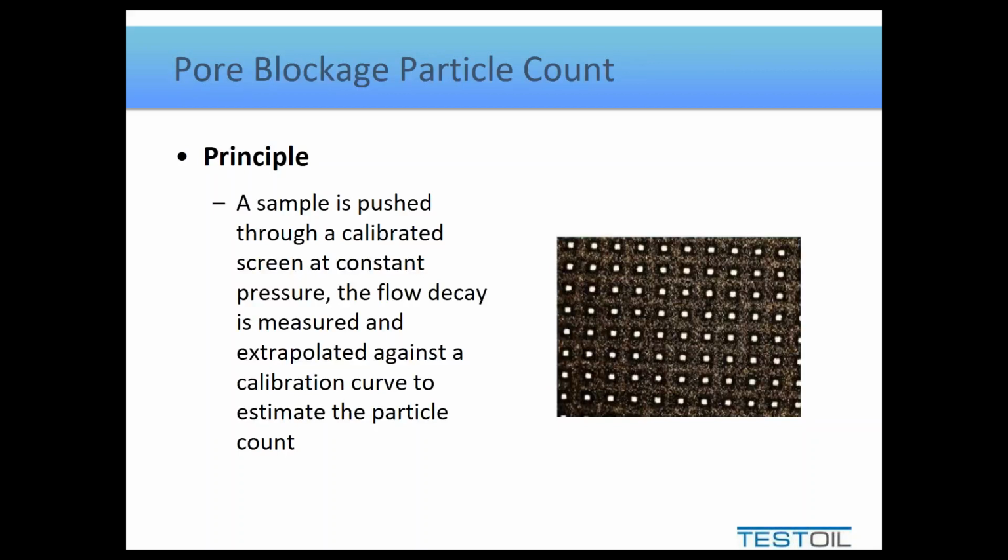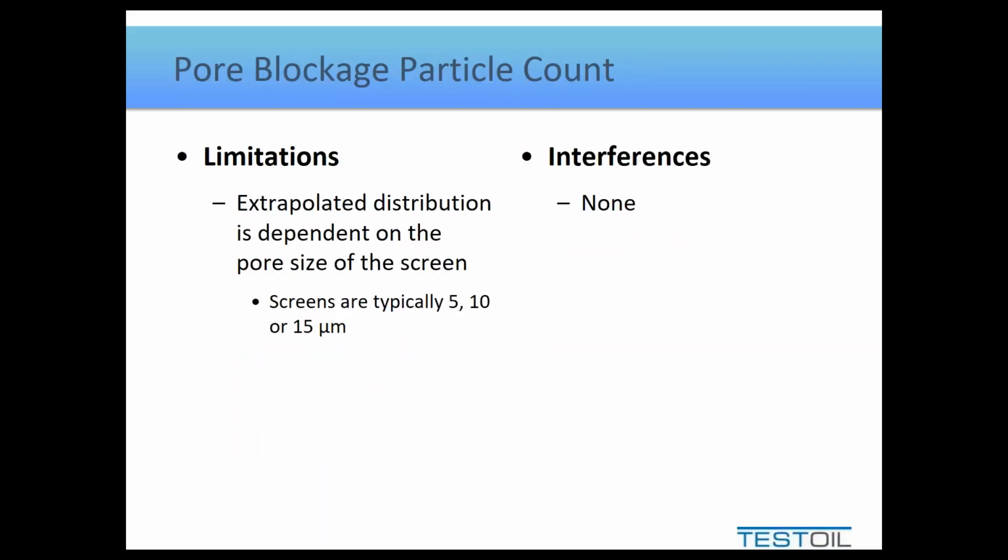But the nice thing about this test is, though it's again not necessarily measuring the longest, the shortest, or the average dimension, it's just whether it will plug up in the hole, it doesn't have any interferences. Soft particles, water, and air bubbles go right through the screen, and they don't cause us any issue. So this form of particle counting tends to correlate better with on-site testing than with laboratory-based testing.